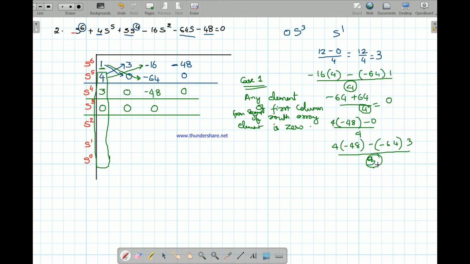Anything divided by 0 will become infinity. So that is the problem. Once it is infinite, if any element after a particular row becomes infinite, we will not be able to construct the further rows of the Routh array. That is the problem. So therefore there are two cases which you see.